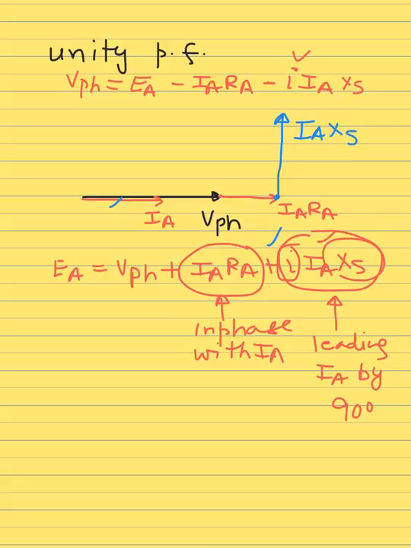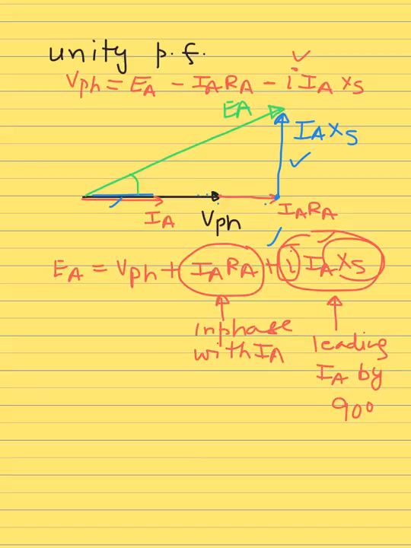Okay, so now we have V phase, then I_A R_A, and then I_A X_S all added together will give us the resultant phasor, which is E_A. So that's the phasor diagram for a unity power factor load.